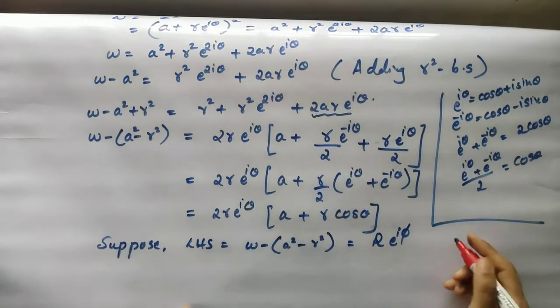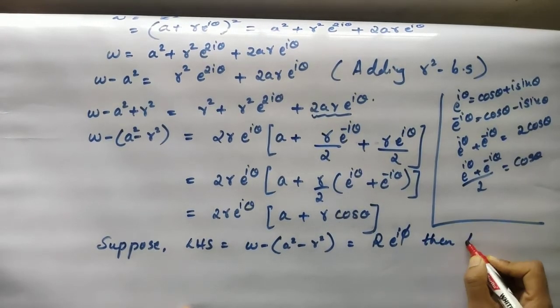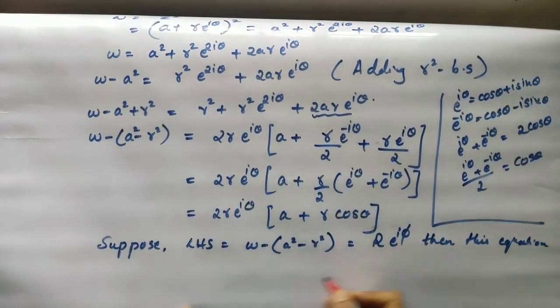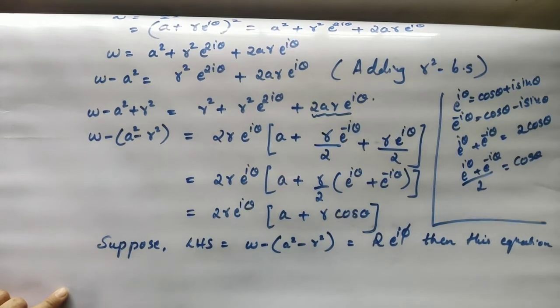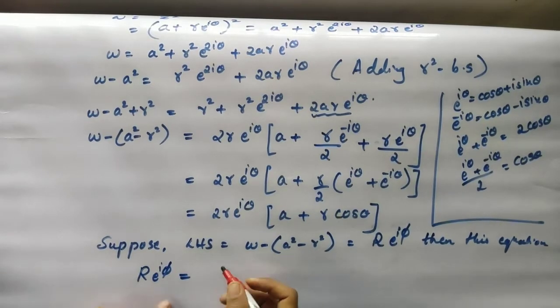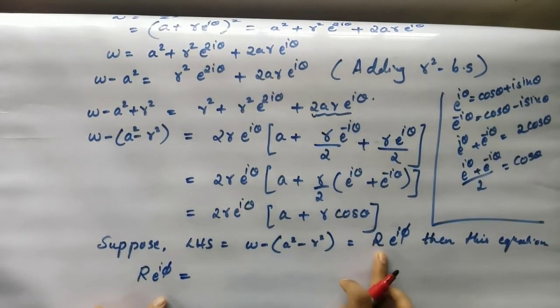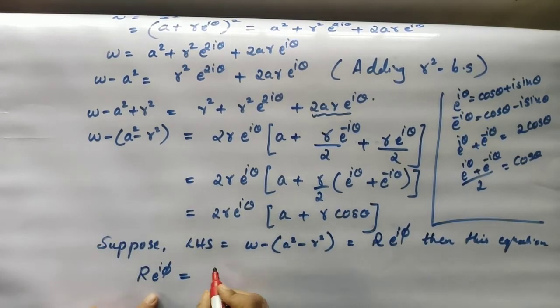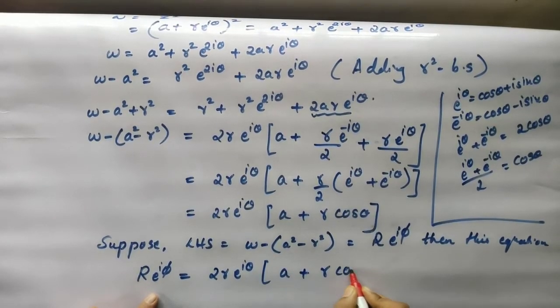Then how does this equation become? What is r into e to power i phi? If I substitute the LHS as this part, it is equal to 2 times r e to power i theta into a plus r cos theta. I'll get it like this.